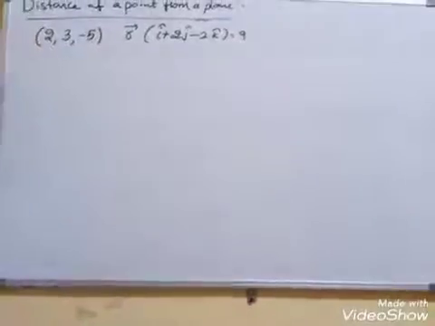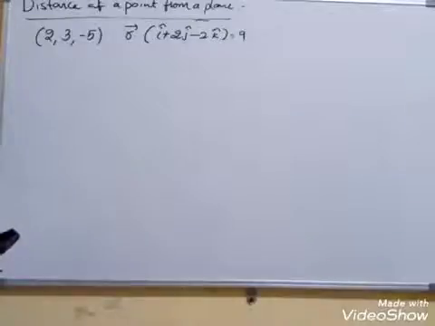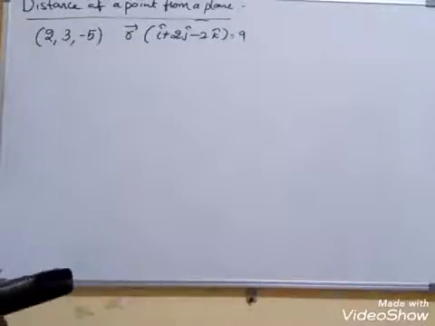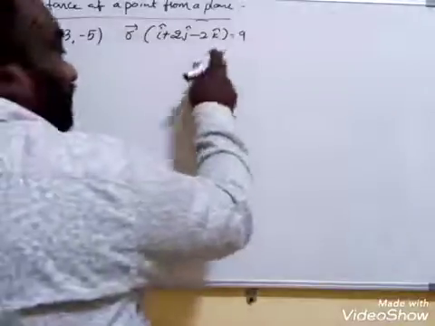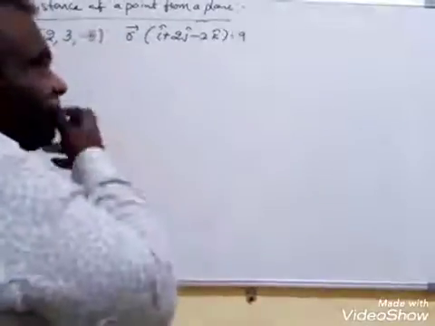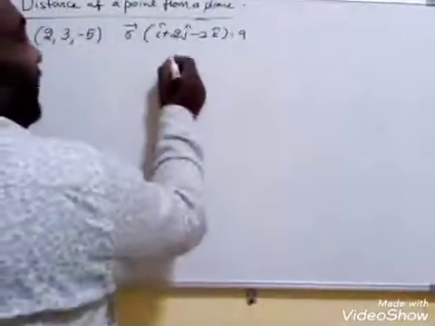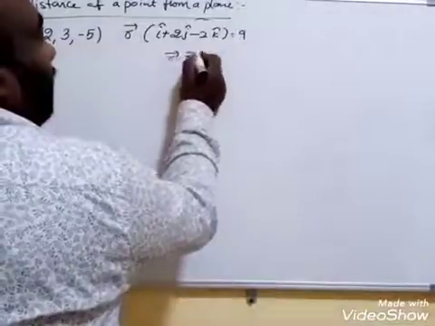Now here, what is the formula we have? We have to check whether they are given a unit vector or not. If they are given a unit vector, then you go for the unit vector method. Otherwise, we have to go for the formula method. Here it is not a unit vector. Observe, the magnitude you are getting is 3. That's why, clearly you can identify the given form r bar dot n bar is equal to d.